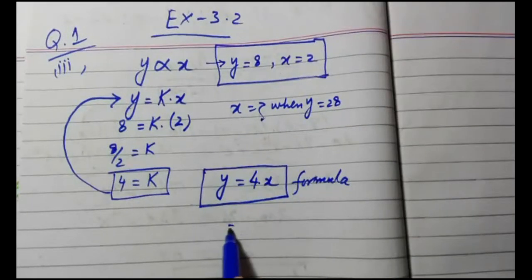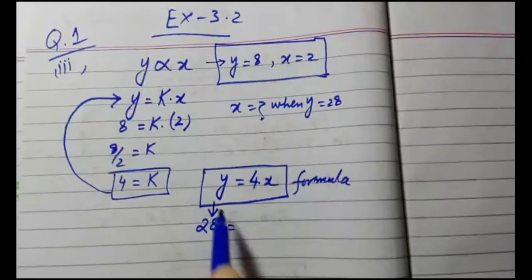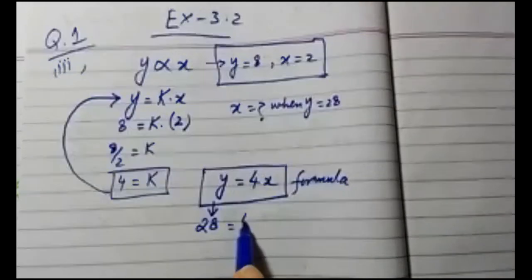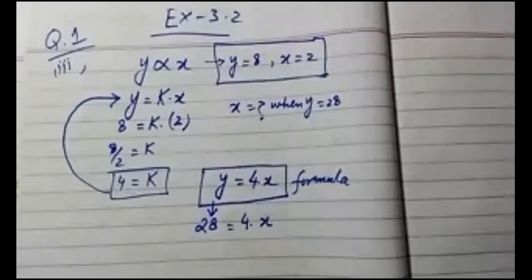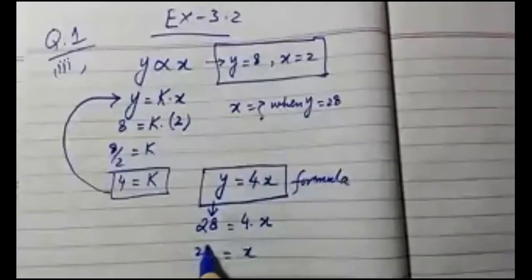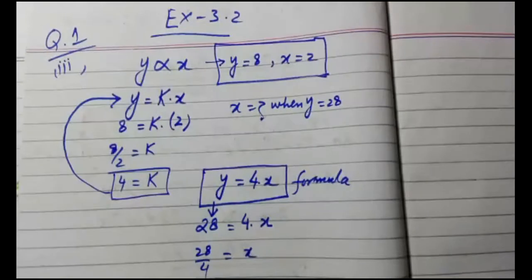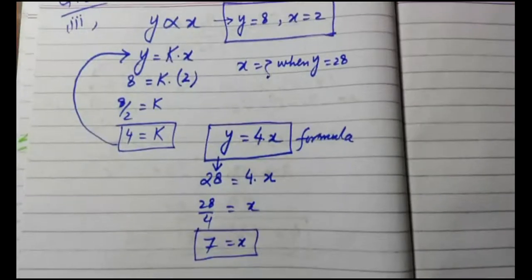So substitute 28 in place of y, 4 will be as it is, and x will be the required value. So when the value of y is 28, find what the value of x will be. So x will be 28 by 4, that is 4 sevens are 28. So 7 will be the solution for x.